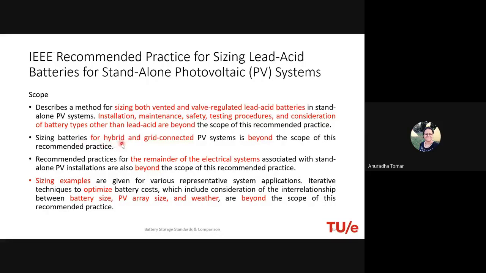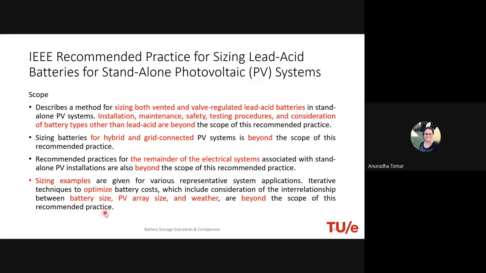Nothing like hybrid or grid connected applications is considered in this standard. The remainder of the electrical systems, like the other electrical loads or devices associated with the system, are not included.